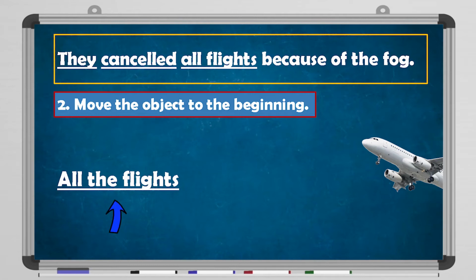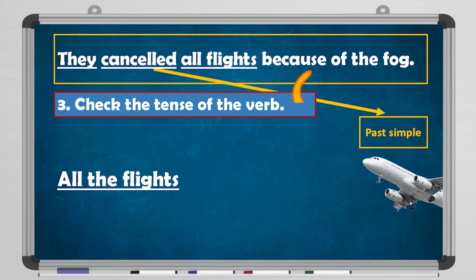So, you will start the sentence with an object, all flights. And then we need to choose a verb to be. So, as I mentioned, look at the verb in the active sentence and think, what is the tense of this verb? Cancelled is in the past simple.